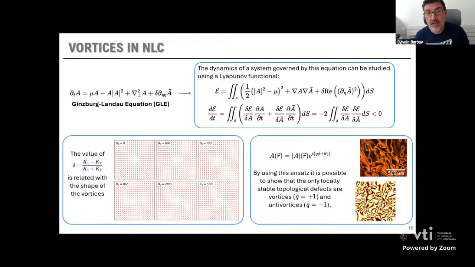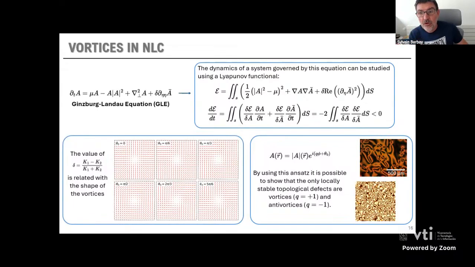Obviously you have a model, so it models reality. How strong do you think this result is? Do you think you can, in certain circumstances, stabilize other types of vortices? Or what would be the physical parameters that would break this Lyapunov functional, which makes the only stable vortices +1 and -1?